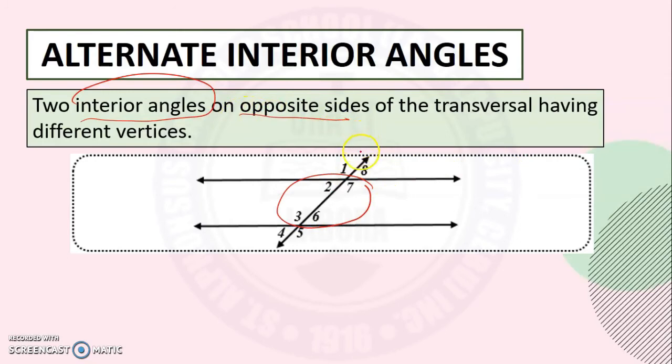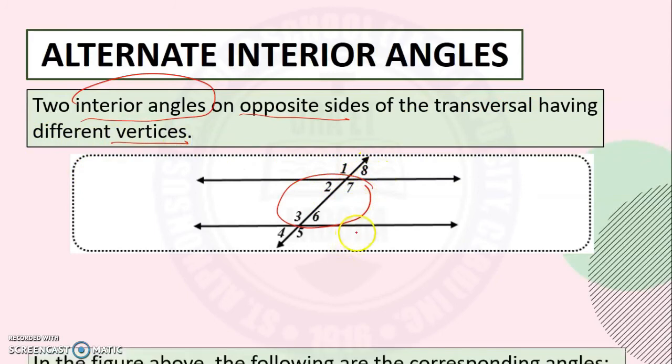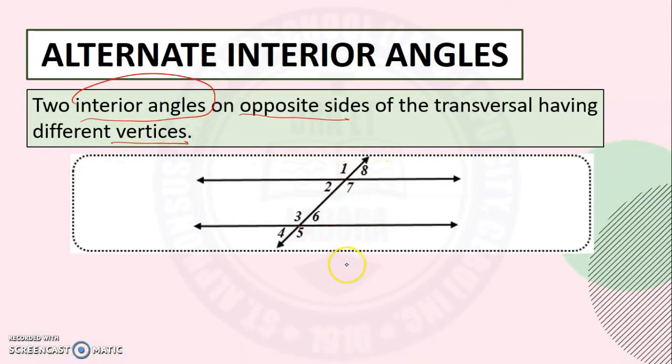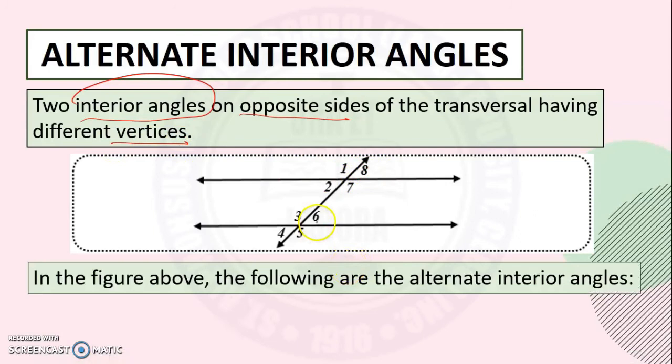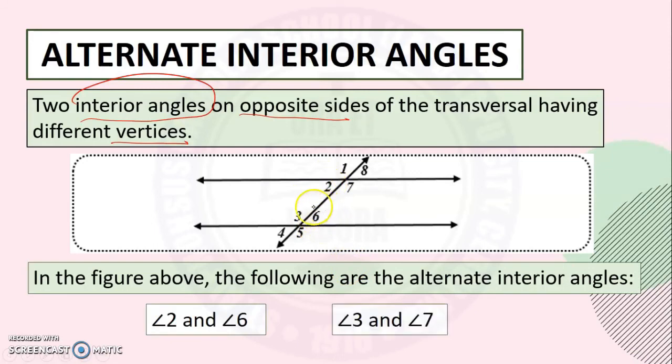So one should be on the left side and the other should be on the right side. And they don't have the same vertex. So which means the alternate interior angles are angle 2 and angle 6 and angle 3 and angle 7.